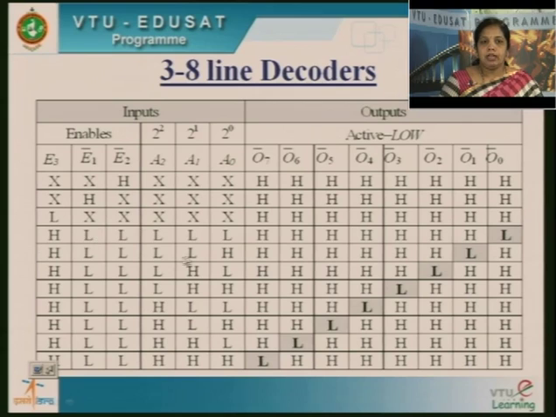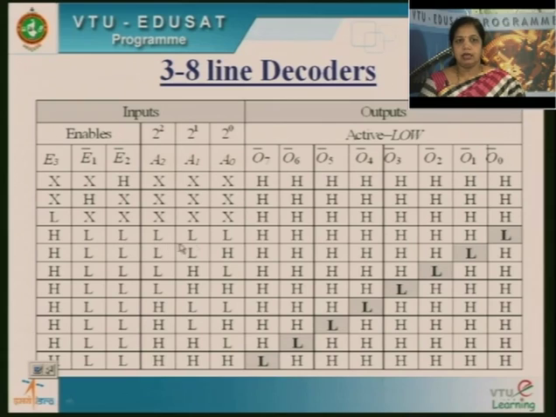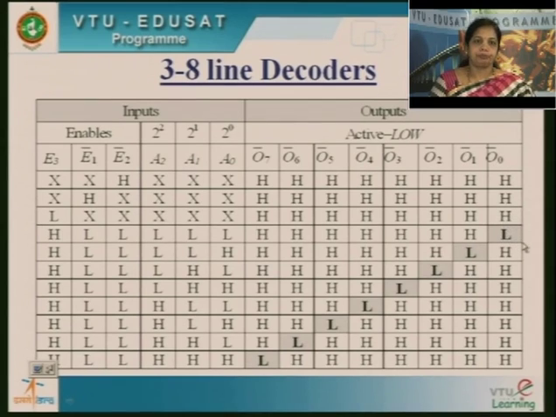So when exactly will you get the output? When I make E3 high, E1 low and E2 low, and I start giving my codes or combinations. If I give all 3 A0, A1, A2 low, then I will get my output at the first gate, that is O0. Since it is complement, it is active low.